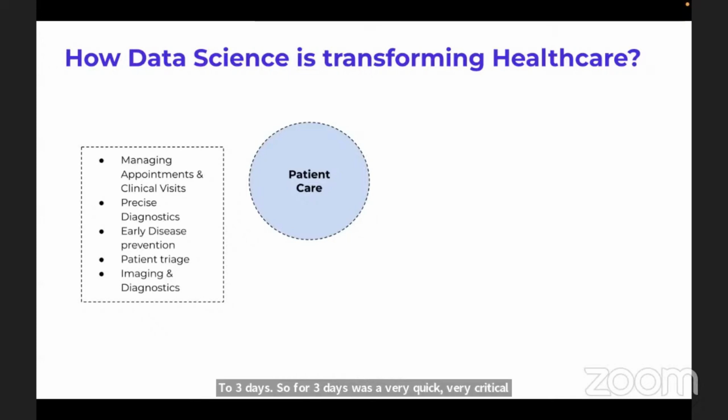In that scenario, people were talking about image-based diagnostics, where based on an X-ray image, you can identify whether it's a COVID case or a non-COVID pneumonia. To do that, we need deep learning algorithms with lots of image data and a proper compute facility. So this is also something which is coming up.